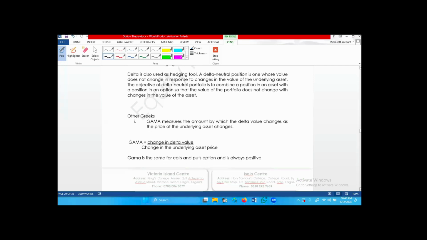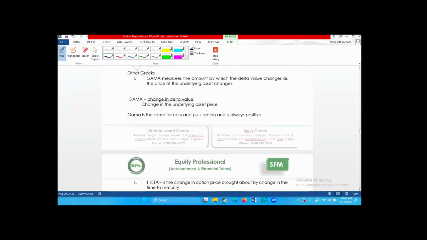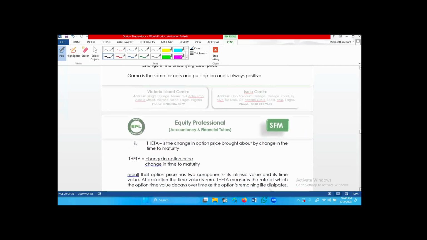Gamma is positive for both call and put options.